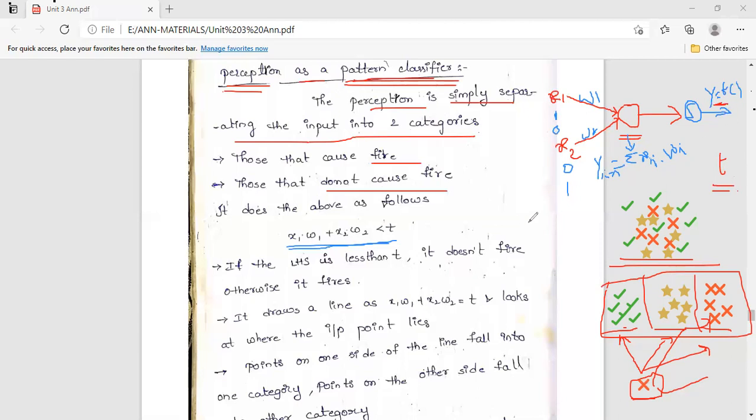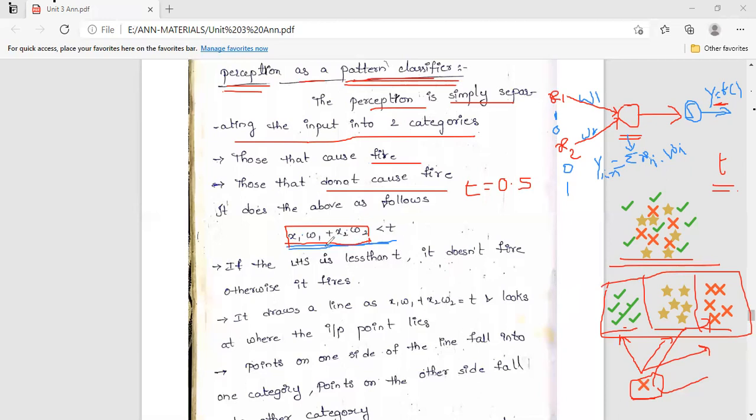Assume the target output value T equals 0.5. If the total of this particular formula is less than the target value, then the particular inputs are not fired.